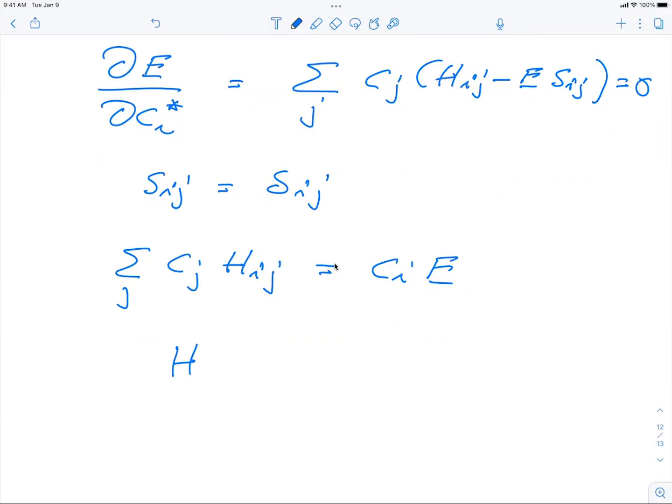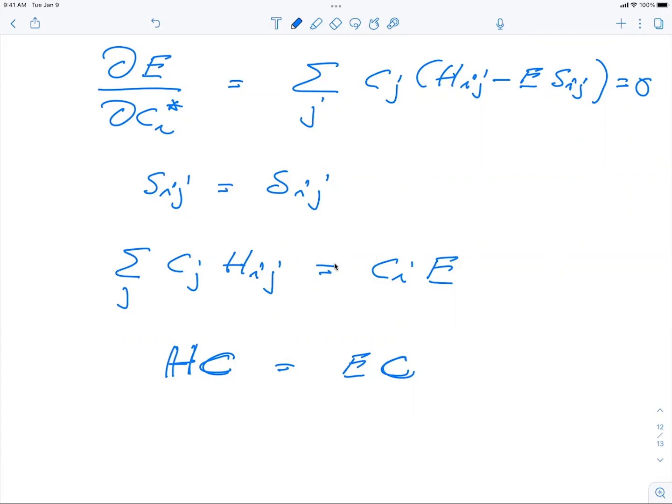I'm not putting a hat on it just to distinguish it from an operator. So this is a matrix multiplied with a vector, and that is equal to the eigenvalue multiplied with a vector. So keep in mind now that these Cj's are now representing the given eigenvectors of the system. Is it okay?